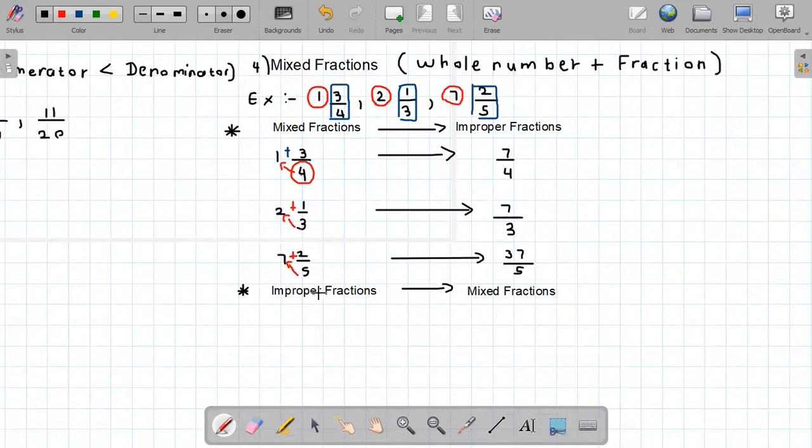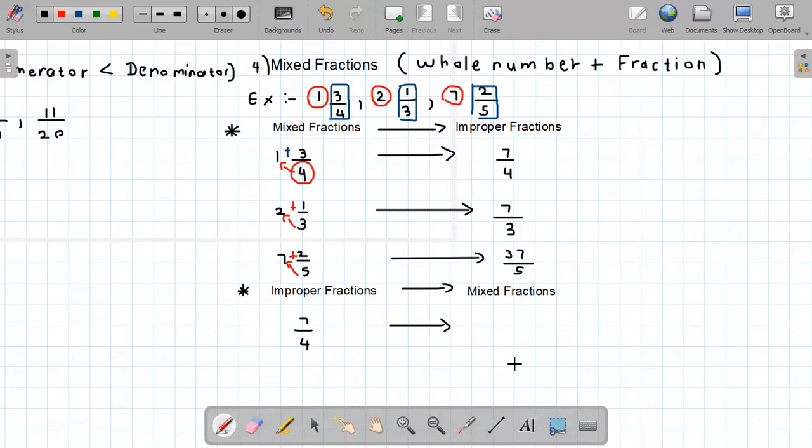But here, when we are converting improper fractions into mixed fractions, we have to divide. So I will consider these improper fractions, right? The first one is 7 over 4. This is called an improper fraction. Why? Because the numerator is greater than the denominator, right? So now I am going to convert this into a mixed fraction.